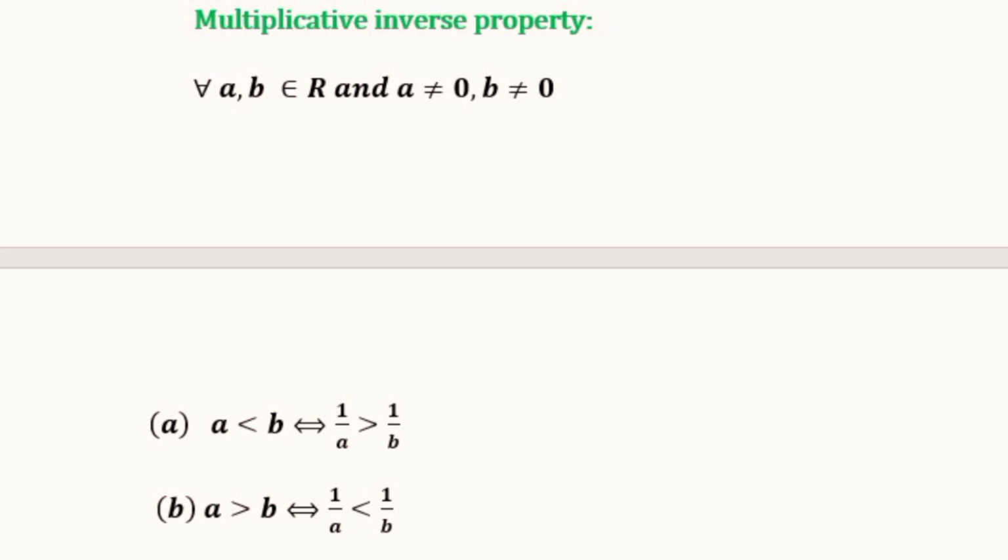If we take inverse of two numbers, order of inequality changes. Second, if a is greater than b, we take inverse on both sides, we'll get 1 over a less than 1 over b. Inverse will change symbol of inequality. If it is greater symbol, after inverse it will change into less than symbol.